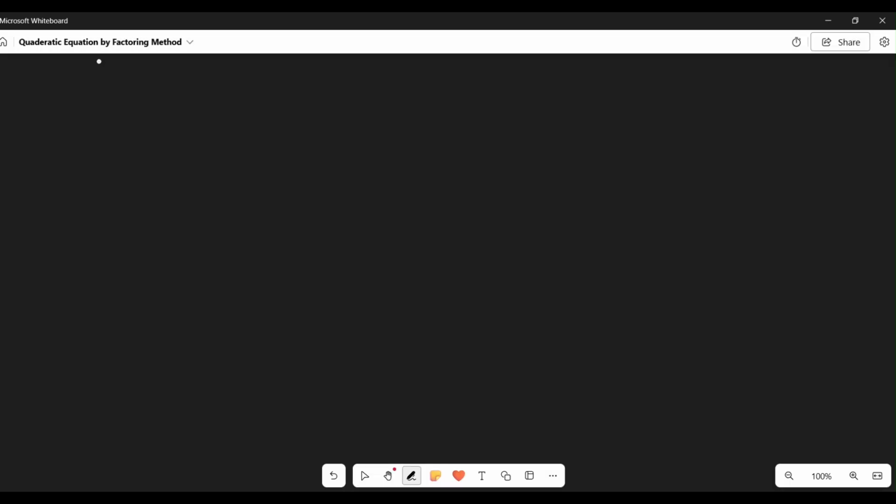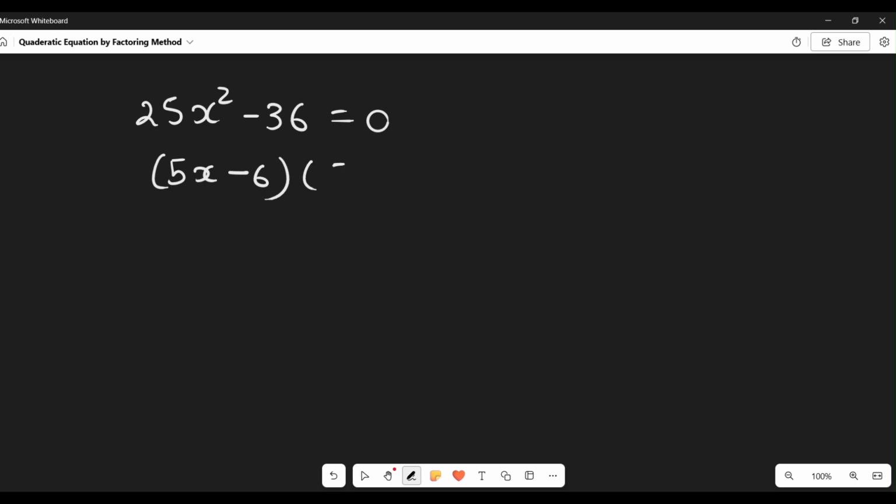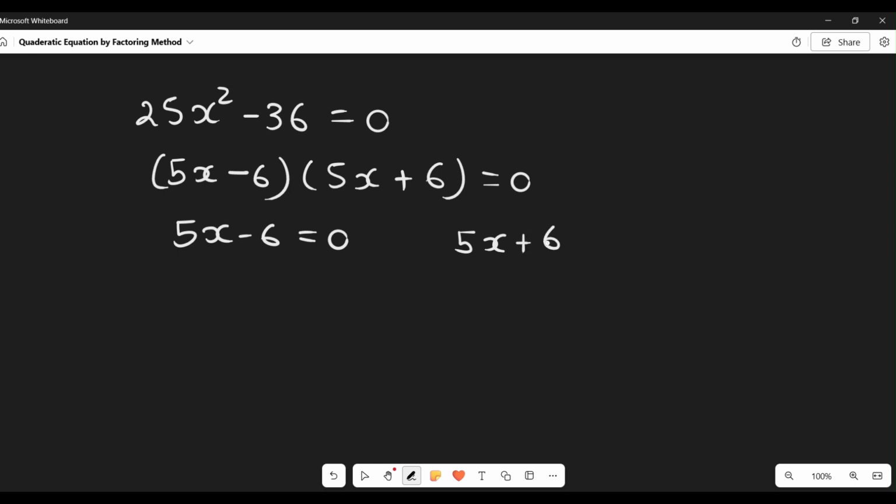Now let's take another example. 25x² − 36 = 0. Now here we can write that (5x − 6)(5x + 6) = 0. So again 5x − 6 = 0 or 5x + 6 = 0.